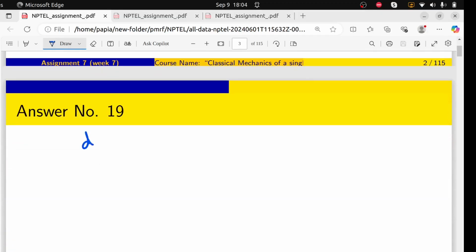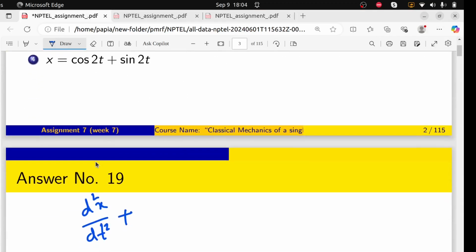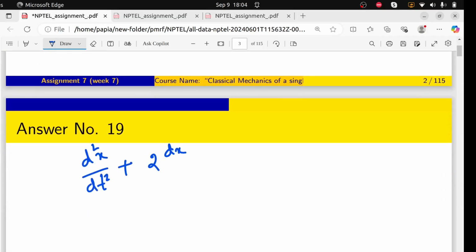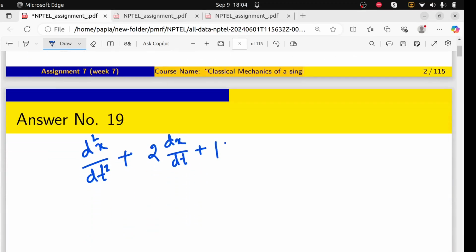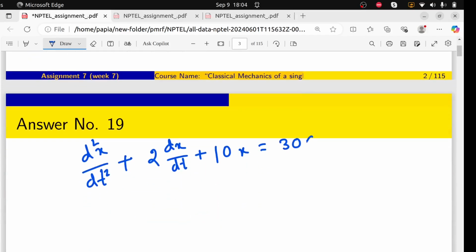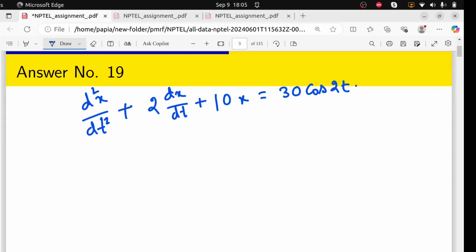As you can see, this is a second order non-homogeneous ordinary differential equation.